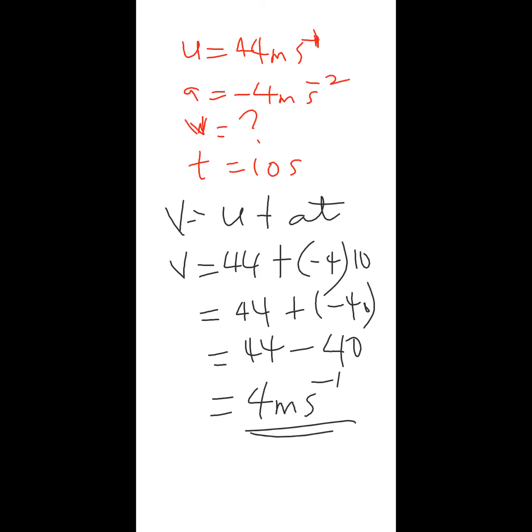This is another question here. A body starts from rest and moves with uniform acceleration of 6 meters per second square. I come again. A body starts from rest and moves with a uniform acceleration of 6 meters per second square.